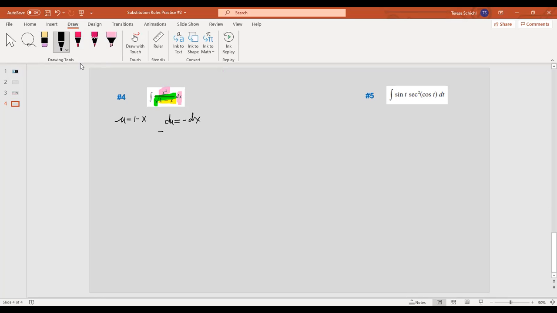So you move the negative out, so negative du is equal to dx. Then you say, let's see if we can write it. So this is 1 over 1 minus x, which is u, so this is u to the what? 1/2.